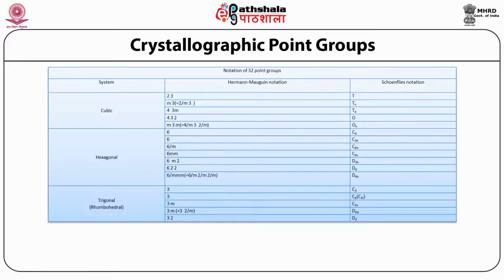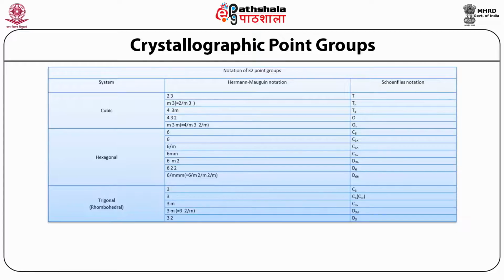Its corresponding Schoenflies notation is capital T with a subscript small d. Then 432, corresponding Schoenflies notation is capital O. The next is m3m in Hermann-Mauguin notation, which is equivalent to 4 by m, 3 bar, 2 by m. Corresponding to it in Schoenflies notation, it is O subscript h.